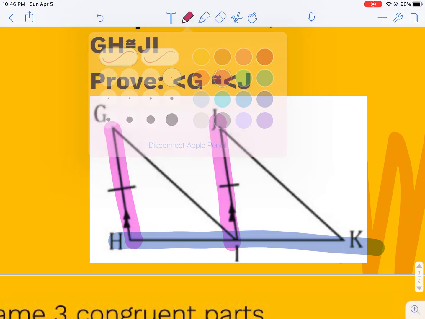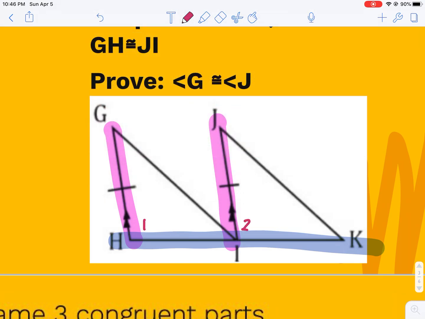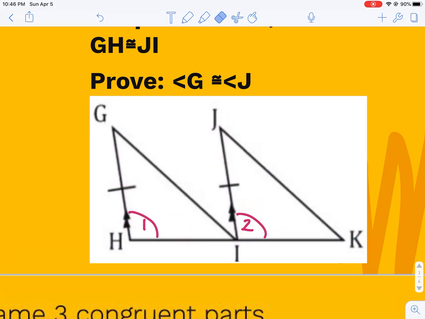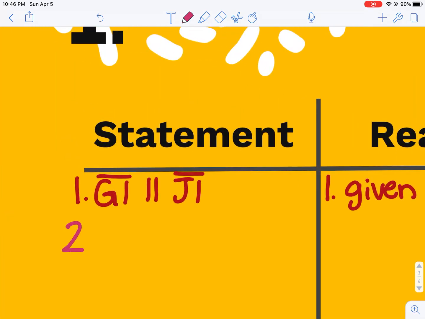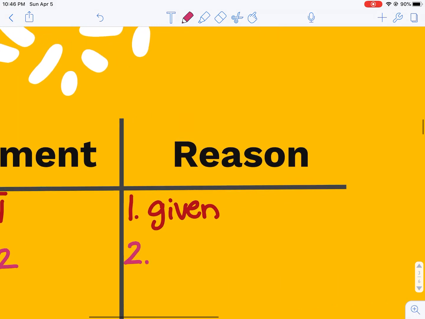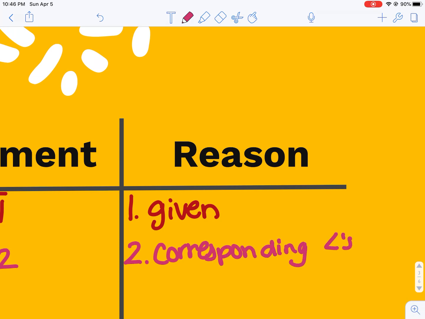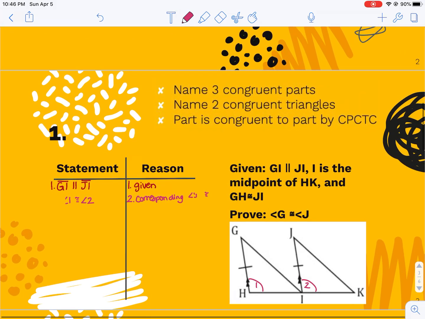And sure enough, I have corresponding angles, angle 1 and angle 2. So I can now say that because those were parallel, angle 1 is congruent to angle 2, and those are corresponding angles, so I'll say corresponding angles are congruent.